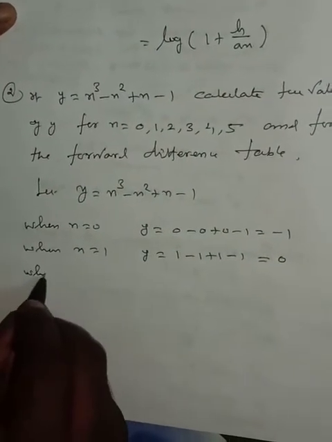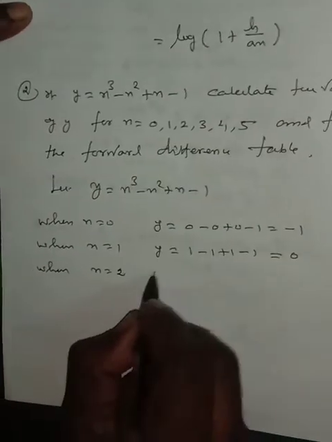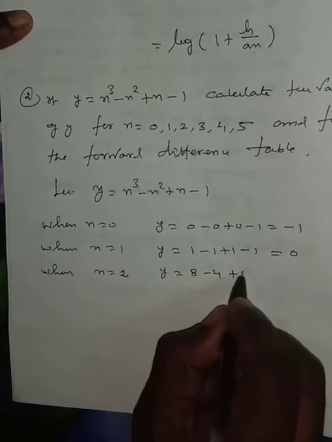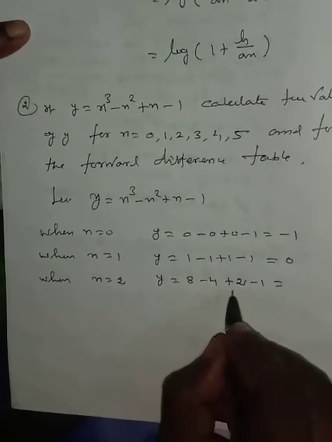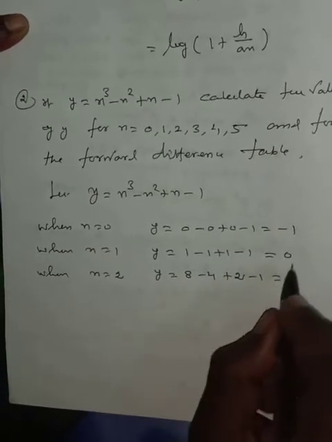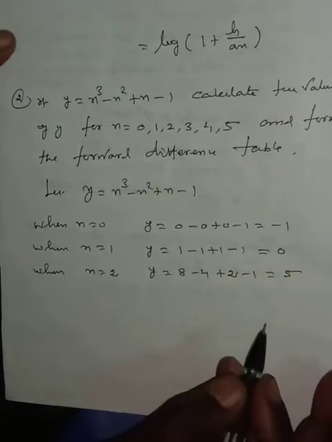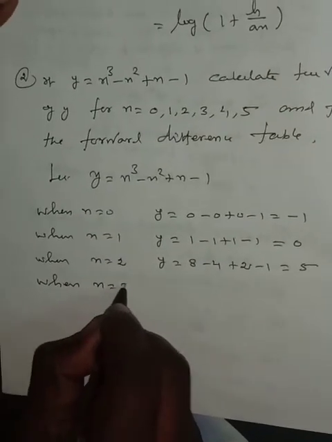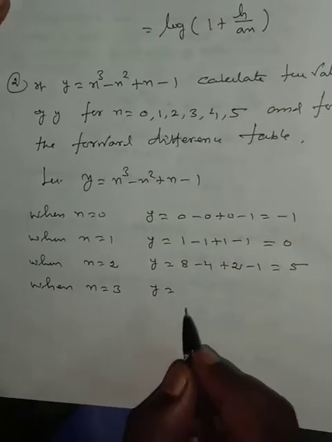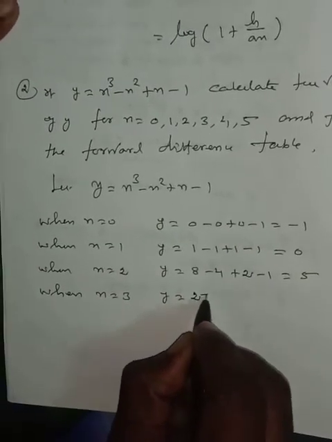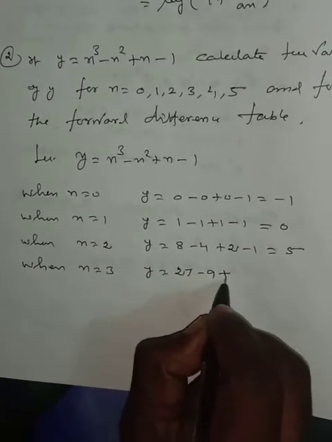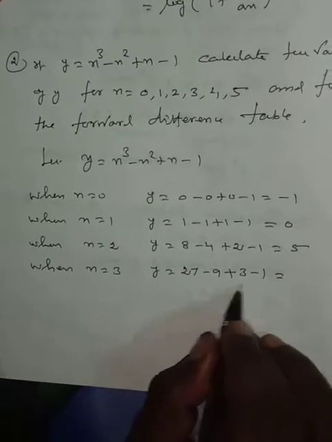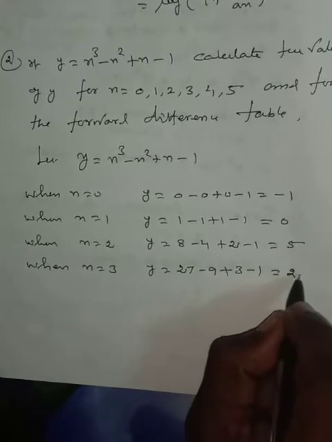When x is equal to 2, y is equal to 2 to the power of 3 is 8, minus 4 plus 2 minus 1 is equal to 10 minus 5, so 5. When x is equal to 3, y is equal to 3 power 3 is 27, minus 9 plus 3 minus 1, which is 30 minus 10, that is 20.